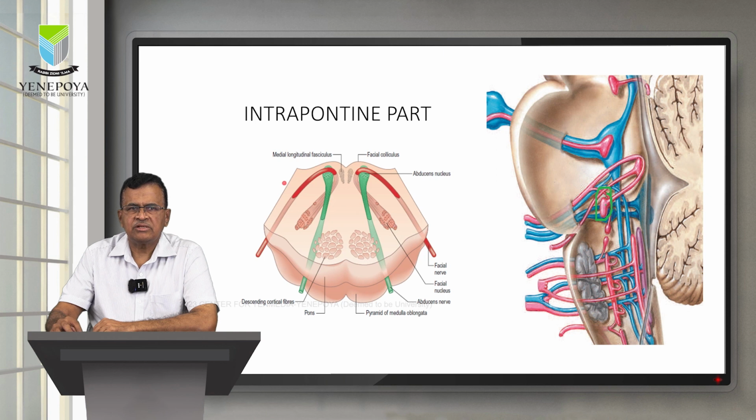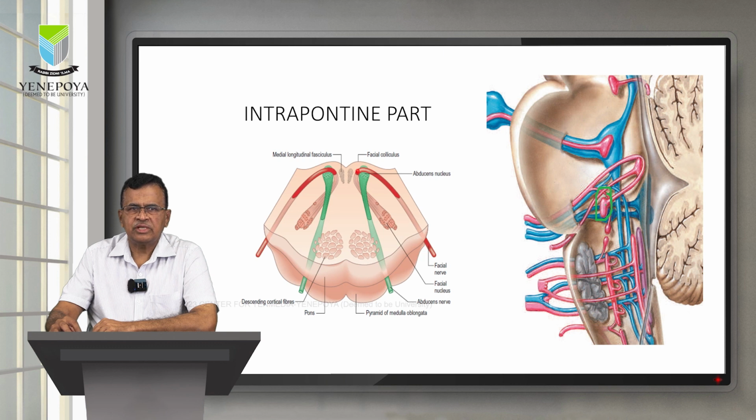This is the transverse section of the pons, and where my cursor is located is the motor nucleus of the facial nerve. Unlike other cranial nerves which start from the nucleus, run straight forwards and emerge from the ventral aspect of the brainstem, facial nerve fibers initially run dorsomedially, wind around the abducent nerve nucleus and then turn to run ventrolaterally to emerge at the junction of the pons and the medulla oblongata.